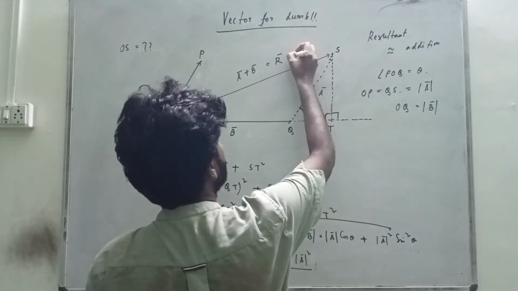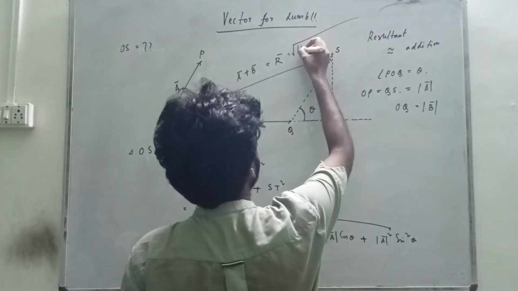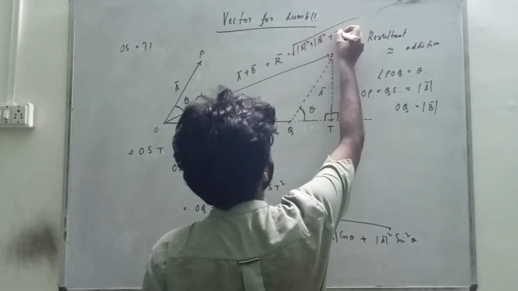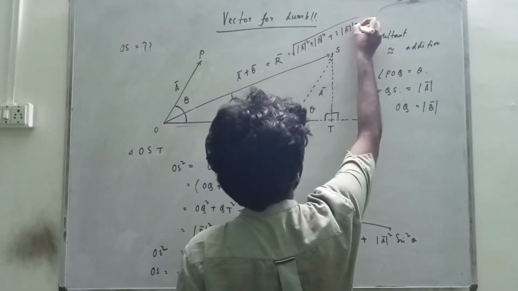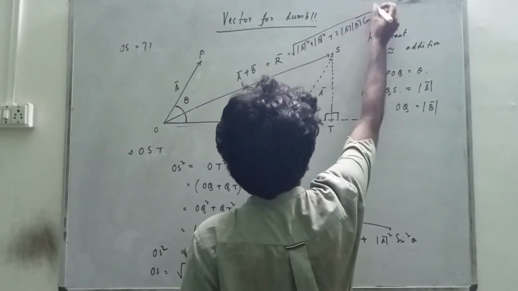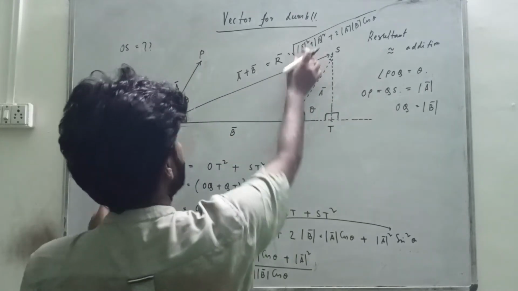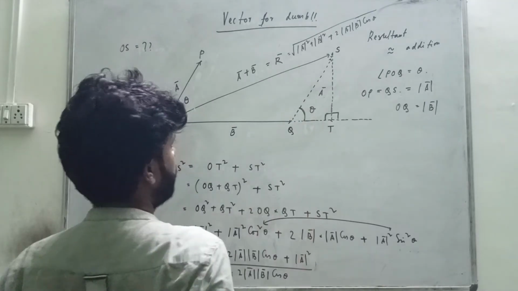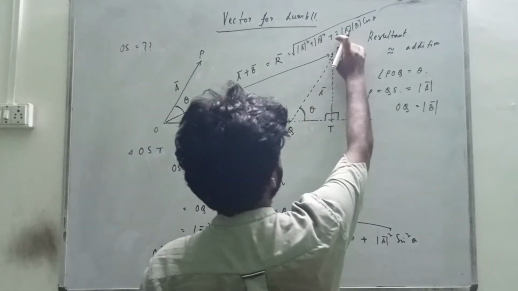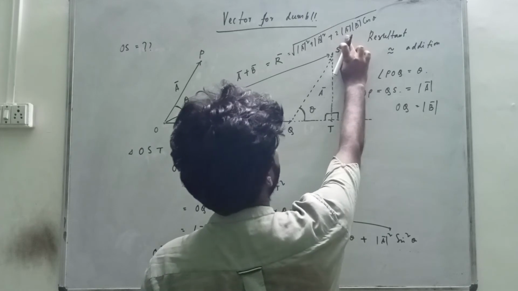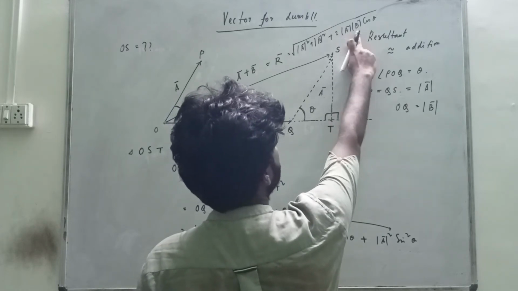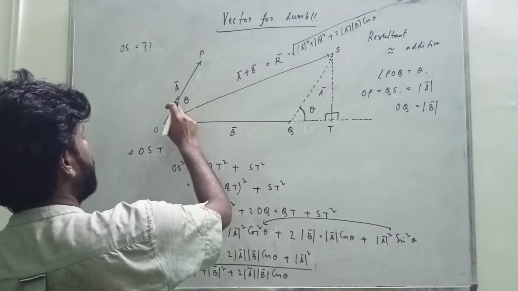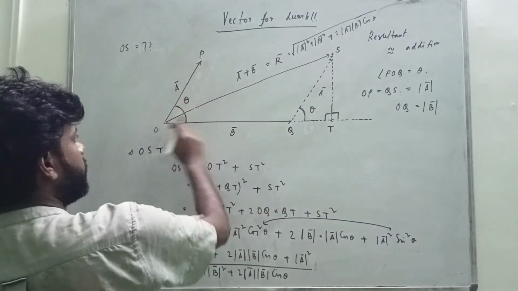It is just the root over A squared plus B squared plus 2AB cos theta. And mod A means the length of A, mod B means the magnitude of B. And the 2 is a constant, times mod A, the magnitude of A, times mod B, the magnitude of B. And cos of this angle, I mean the angle between A and B.